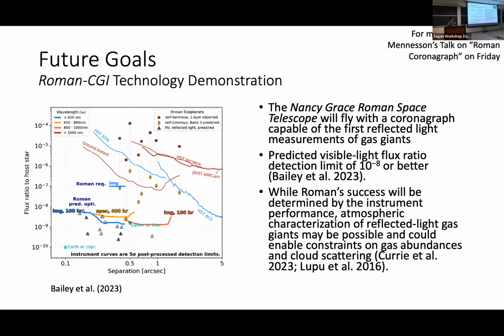And this is really promising. If the technology demo works out well, then I think we're in for a treat with reflected light studies of gas giants, and starting to understand some cloud properties and constraints on gas abundances for classes of planets that we don't currently have access to.